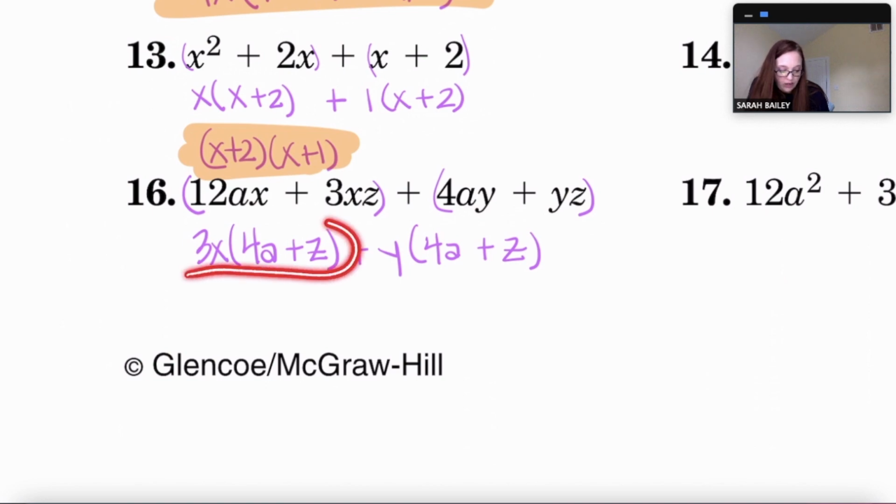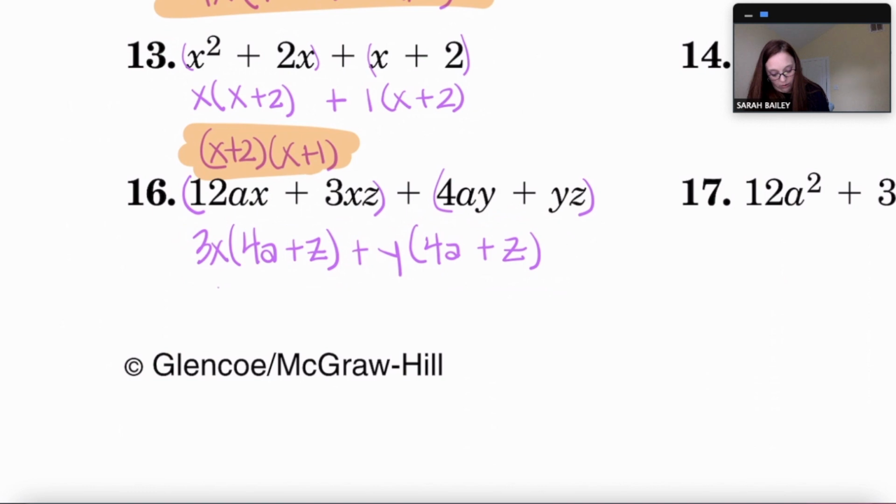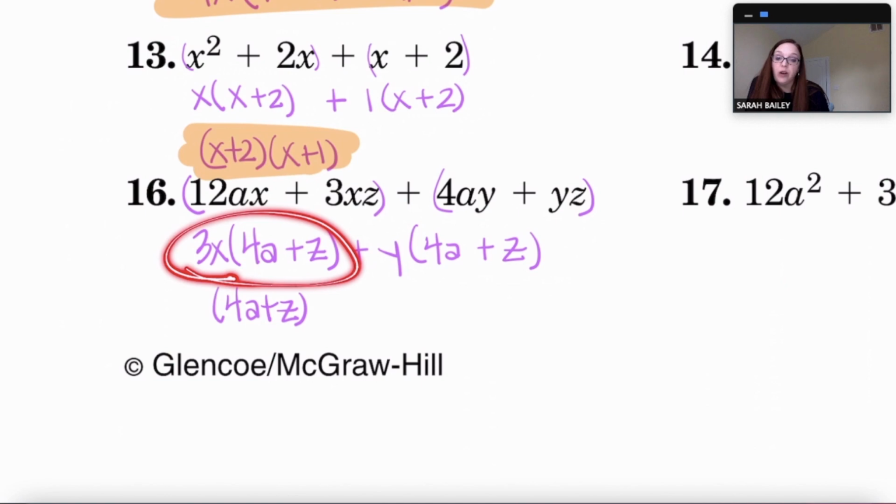Do you see that this pair and this pair, they both have that 4a plus z? So now I'm going to factor again, okay? So out of both of them, I'm going to take a 4a plus z out. If I take 4a plus z out of here, I'm left with just 3x.